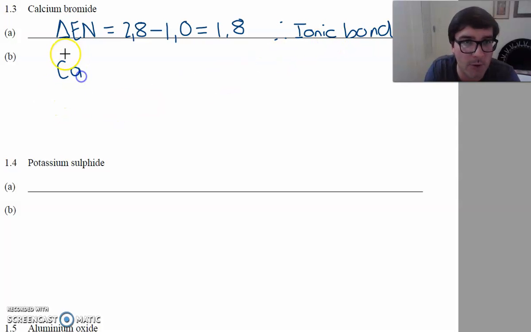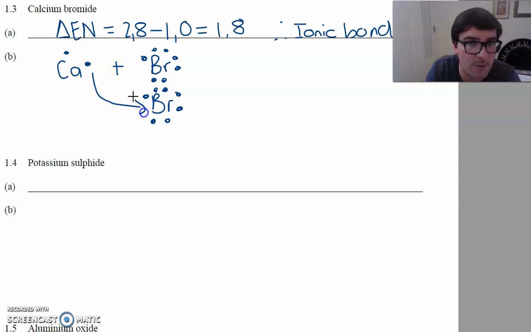So to indicate the bond formation, calcium in group 2 has 2 valence electrons. We will need 2 bromine atoms, seeing that it needs to transfer electrons to 2 of them because each bromine can only accept 1 electron.